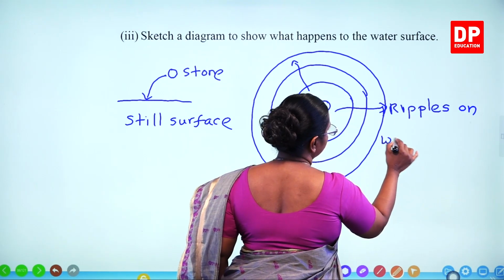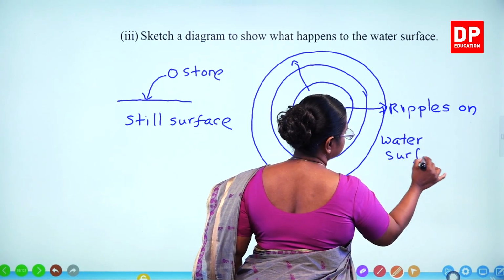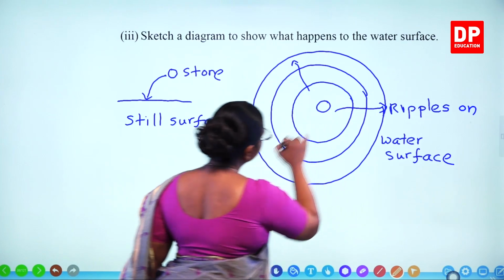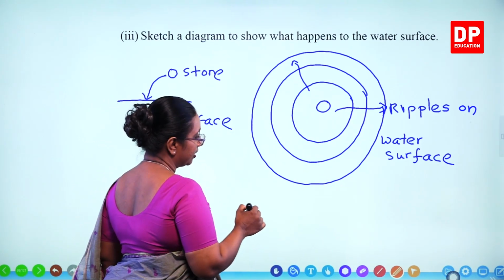The ripples on the water surface will propagate in all directions.